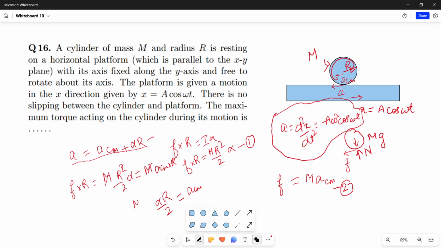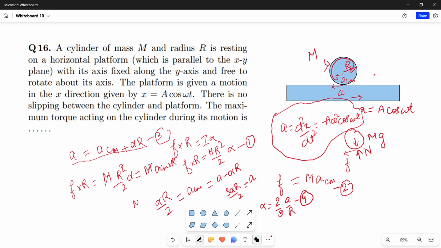Suppose this is our equation 3. Now ACM is A minus alpha r, so we can write it as A minus alpha r. When we rearrange and solve it, we get 3 alpha r by 2 equals A, or we can say that alpha equals 2 by 3 A by r. This is suppose 4.